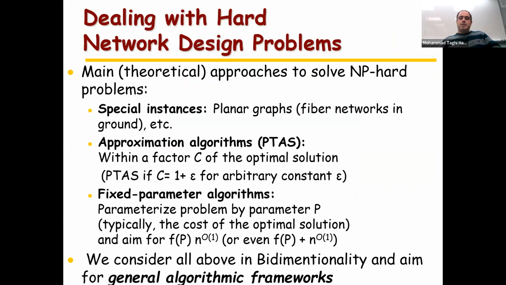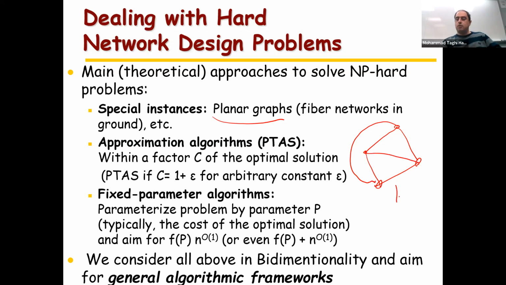So let's say a little bit about this. We know that lots of problems are NP hard problems. And of course, some instances like planar graphs are very useful, and generally some generalizations of that. And what is a planar graph? A planar graph in general is a graph that you can draw on the plane such that no two edges are intersecting.